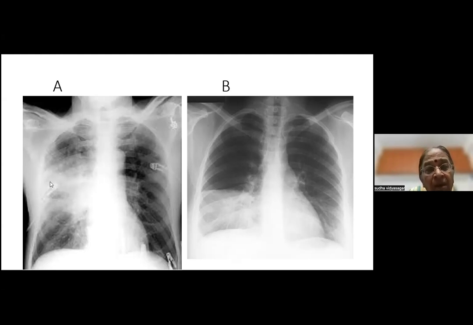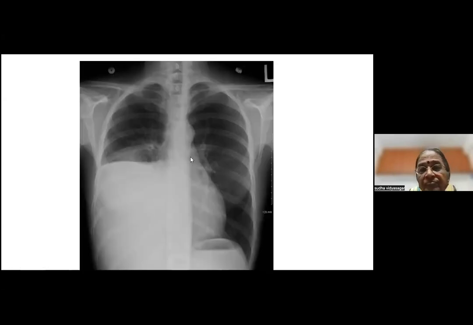But this looks like probably it, and it is not silhouetting the ascending aorta, so the plane is not anterior, it's probably posterior. That's why I would call it the apical segment of the lower lobe. You can make out a small hint of a cavity in this area. Okay, let's go to the next one.